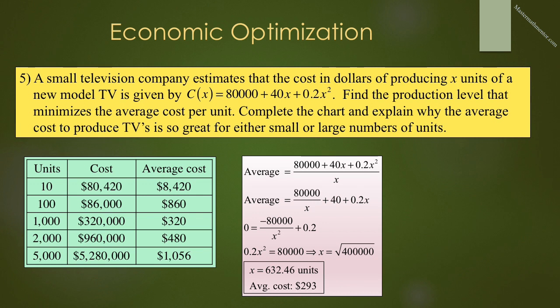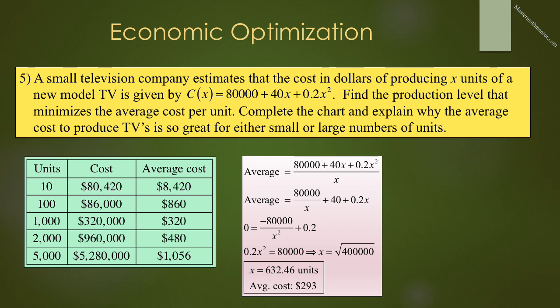The cost of producing X units is 80,000 plus 40X plus 0.2X squared, so the average cost is that expression divided by X. We divide each term by X, and we get 80,000 over X plus 40 plus 0.2X. Taking the derivative and setting it equal to 0, we get 0 equals negative 80,000 over X squared plus 0.2. Therefore, we get 0.2x squared equals 80,000, or x is equal to the square root of 400,000.